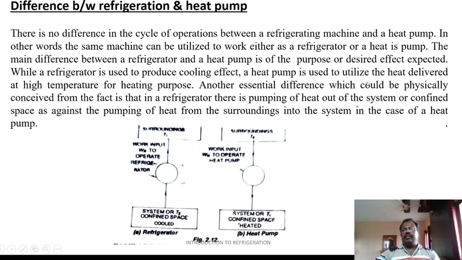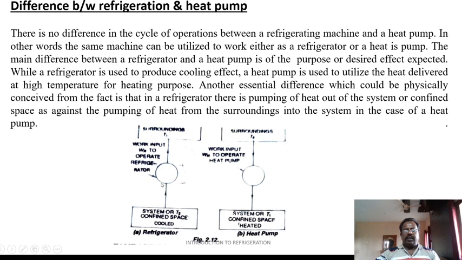Another essential difference which could be physically conceived is that in a refrigerator there is pumping of heat out of the system or confined space, as against the pumping of heat from the surrounding to the system in the case of a heat pump. This is the surrounding and this is the system or confined space to be cooled.